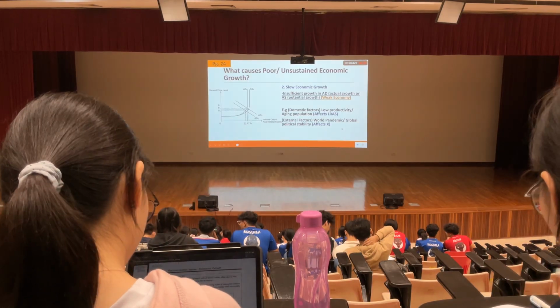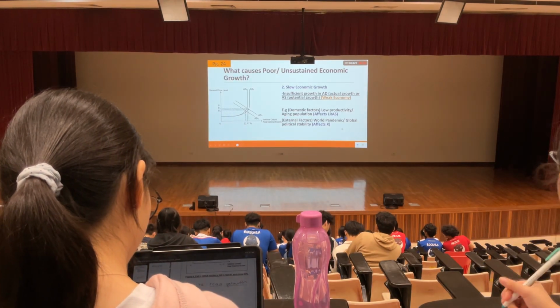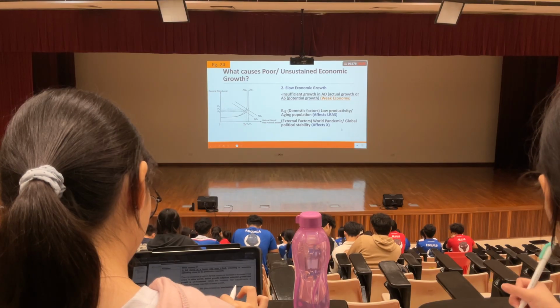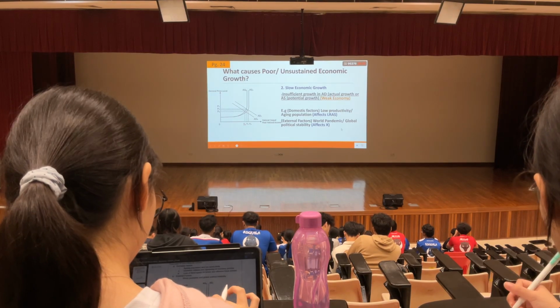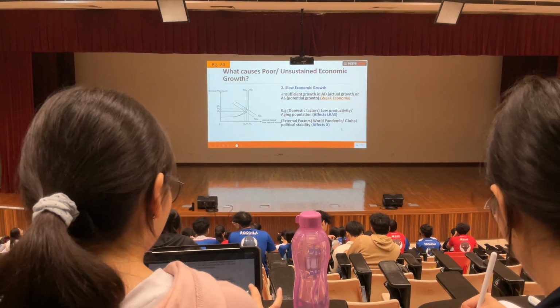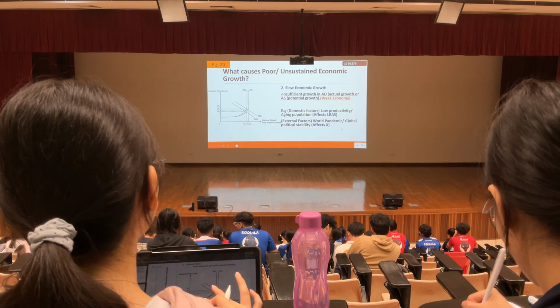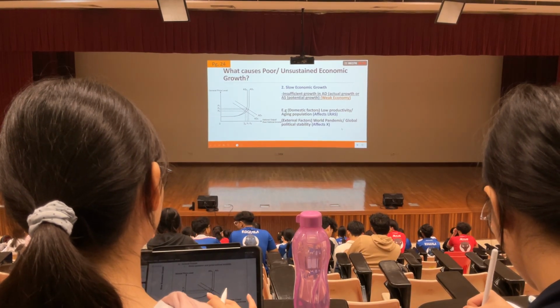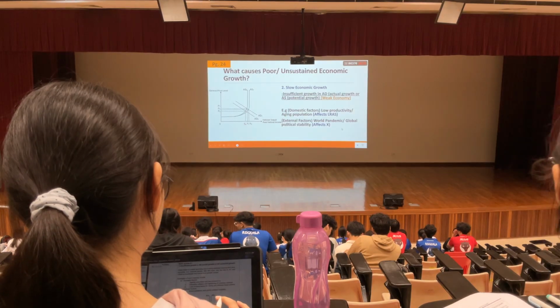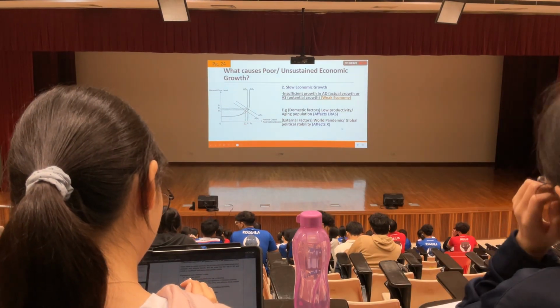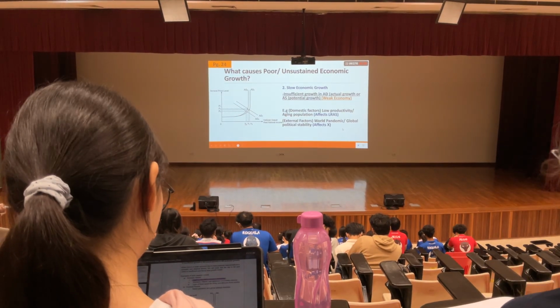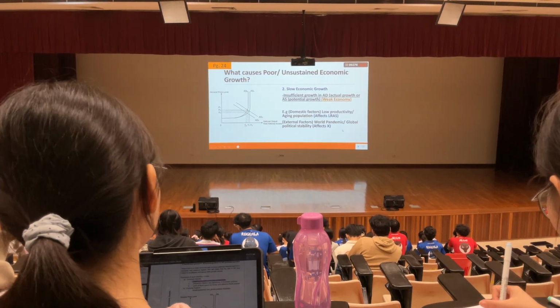Okay, so if you look at your lecture notes on page 24, you will see this diagram over here. Some of the examples of a slow economic growth is that you have low productivity or you are having an aging population. So this affects your quantity of factors of production, which affects LRAS.